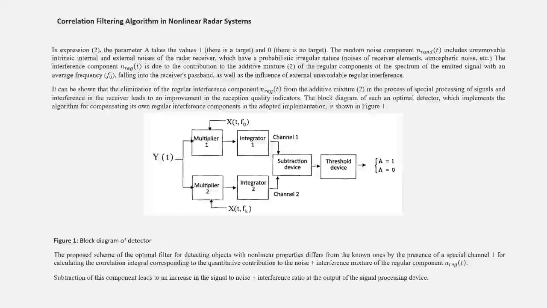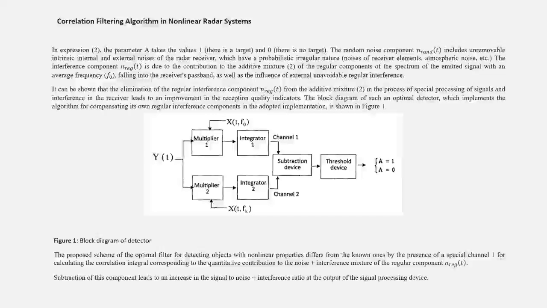The interference component is due to the contribution of the additive mixture of the regular components of the spectrum of the emitted signal with an average frequency falling into the receiver's passband, as well as the influence of external unavoidable regular interference.